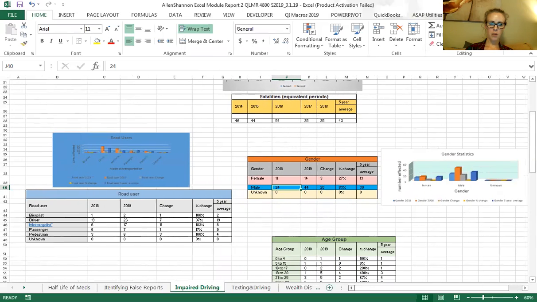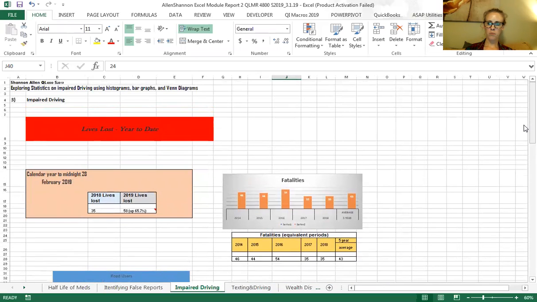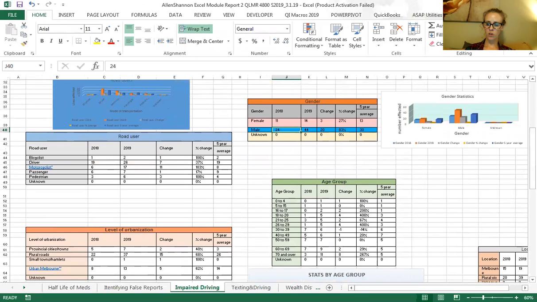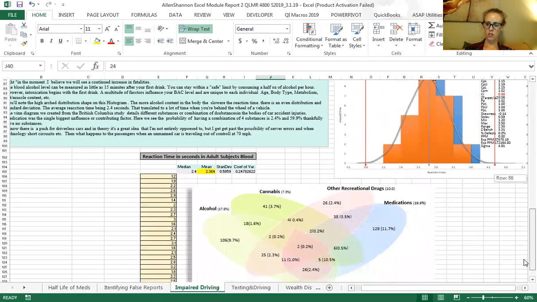Then there are the different types of road users: bicyclists, drivers, passengers, pedestrians. All of these variables contribute to the data and charting reported, but still there are so many overwhelming statistics on this subject.